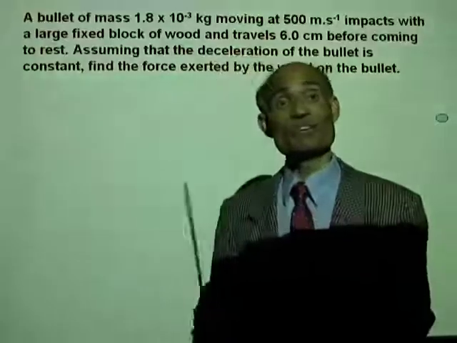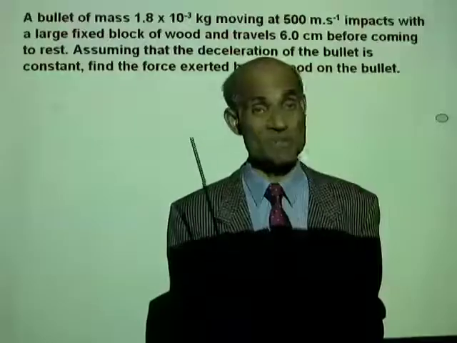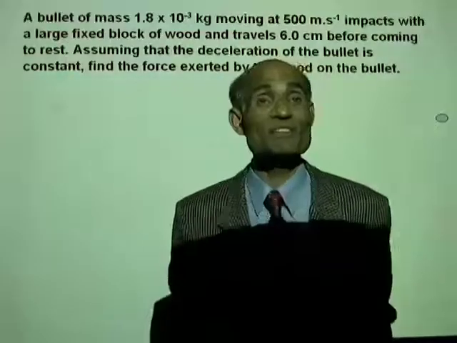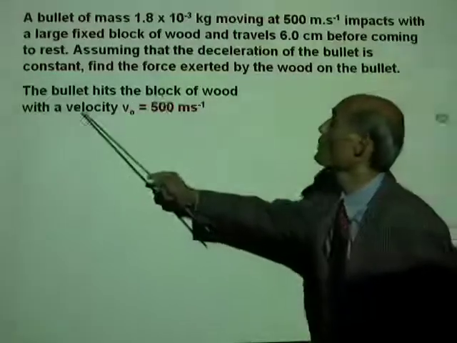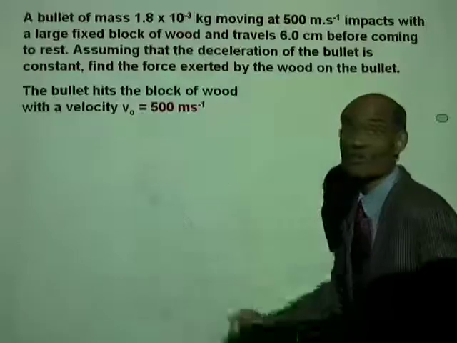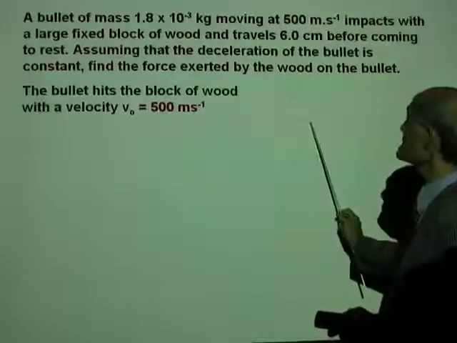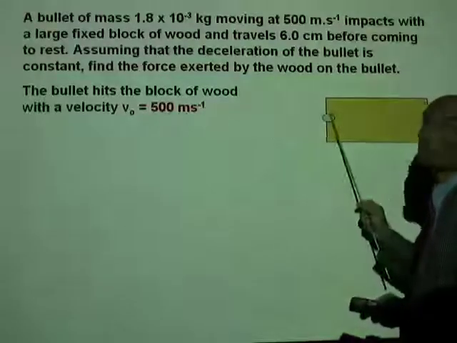Well, in order to find the force, we need the acceleration. Is that right? We have done this kind of problem before, calculating the acceleration. The bullet hits the block of wood with an initial velocity V0 equal to 500 meter per second. This is the block of wood, and you can see the bullet coming.